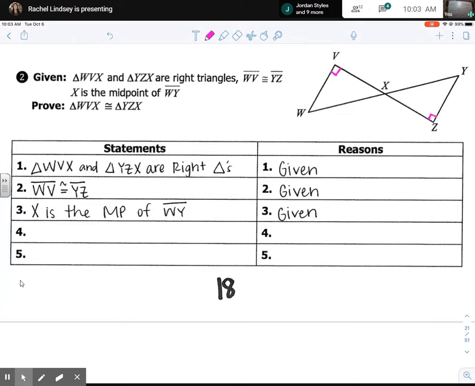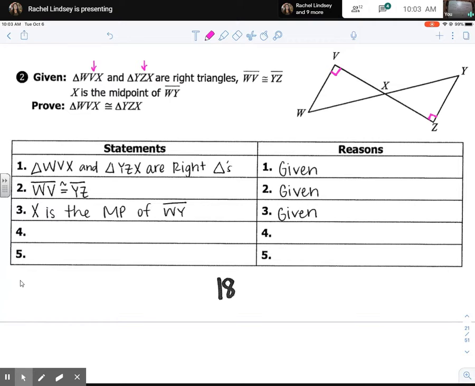Okay, so on example 2, we are given triangle WBX and triangle XYZ are right triangles. I put the right angles at B and at Z, because those are the ones that look like right angles. So that's given to us.